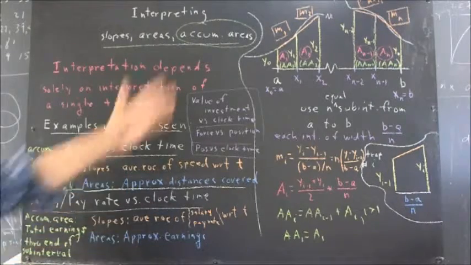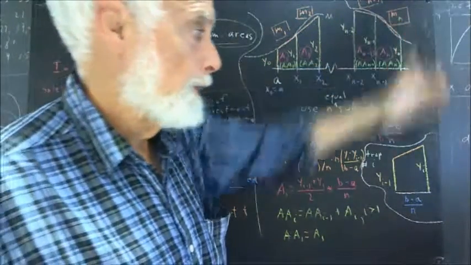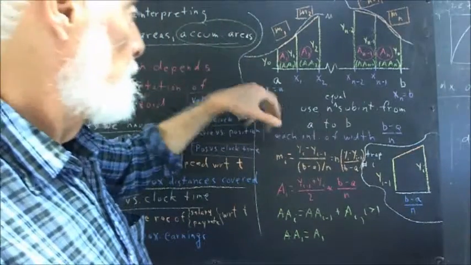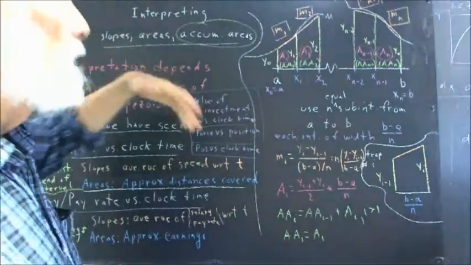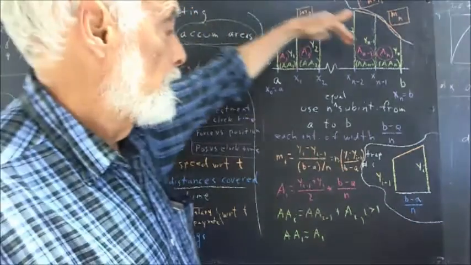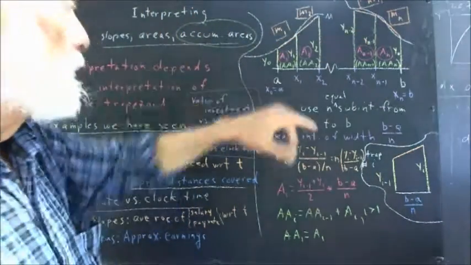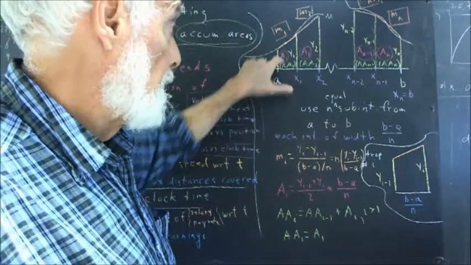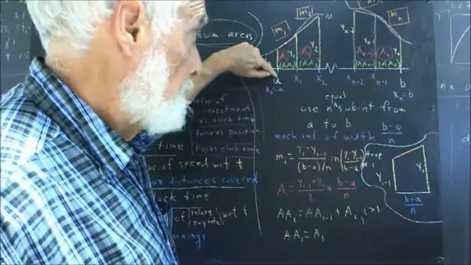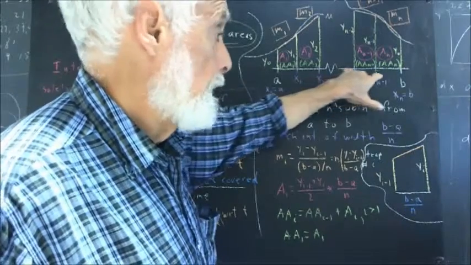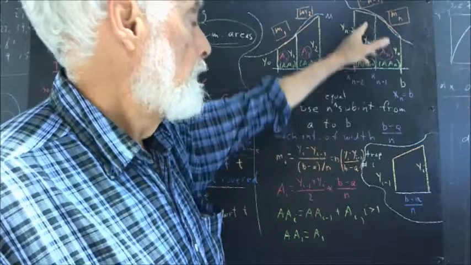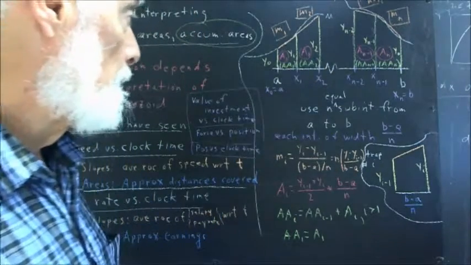Now, looking at the trapezoidal approximation graph as a whole, we've already seen that the accumulated area represents, in those cases where the areas have interpretation, the total accumulation of whatever quantity is represented by the area from the point A up to the end of a given trapezoid.